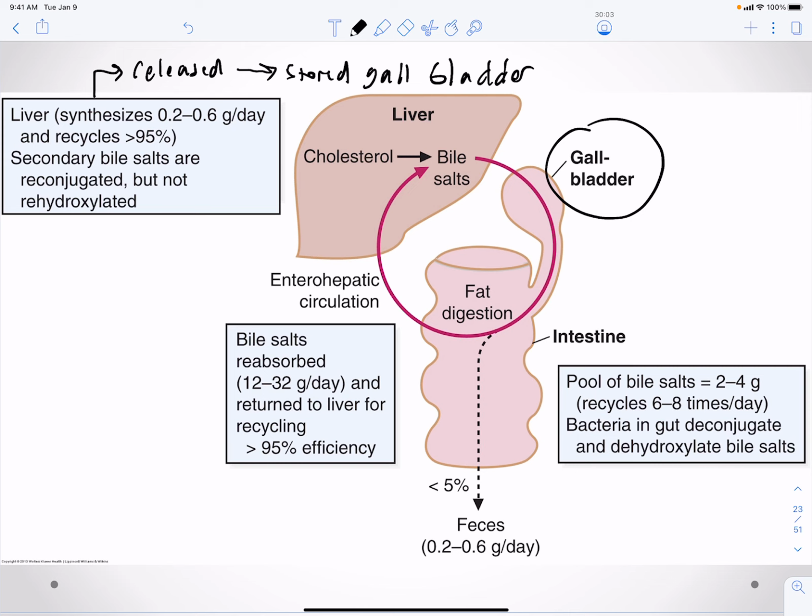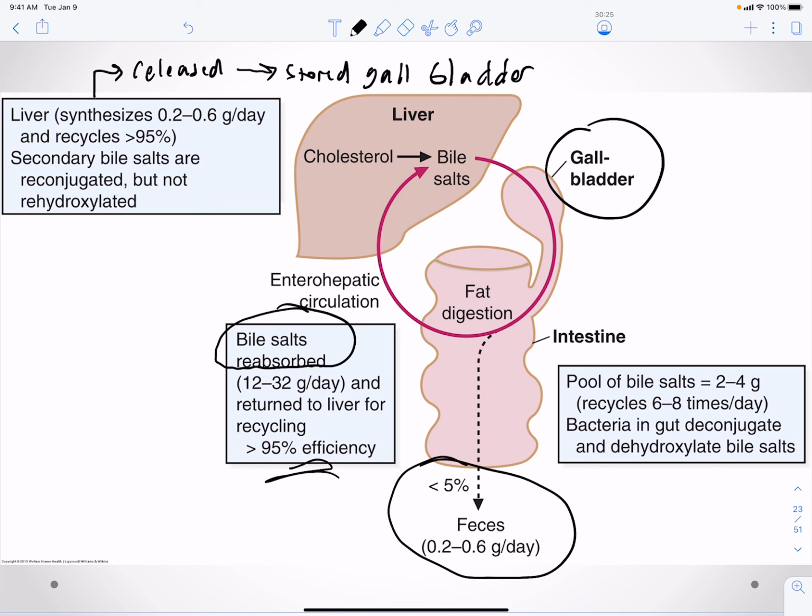And of course, bile salts are going to help to emulsify fats. Now, your bile salts will get reabsorbed, as I talked about. They get recycled, reabsorbed, and returned to the liver. And this is pretty efficient, about 95% efficiency. And then the rest will be excreted.